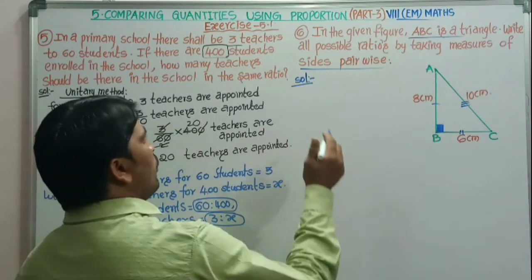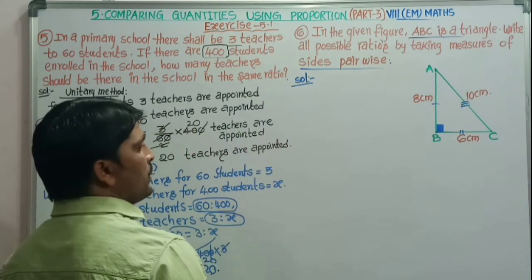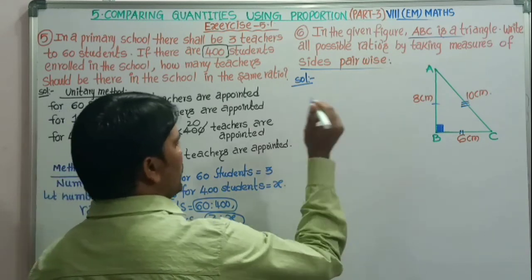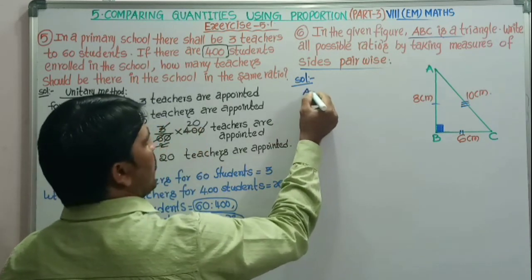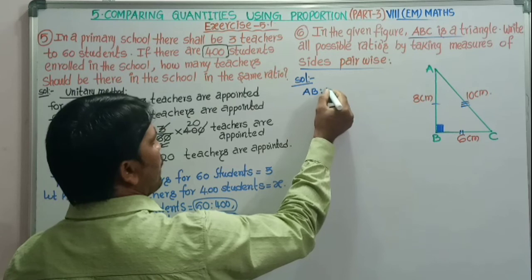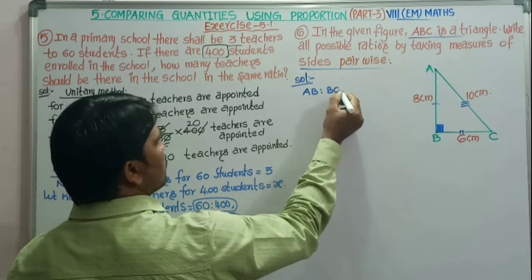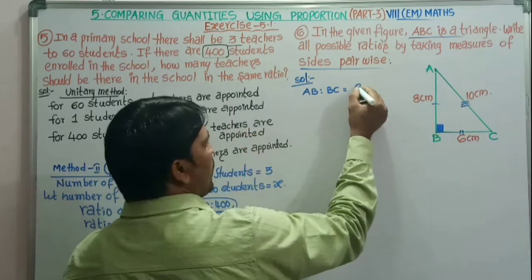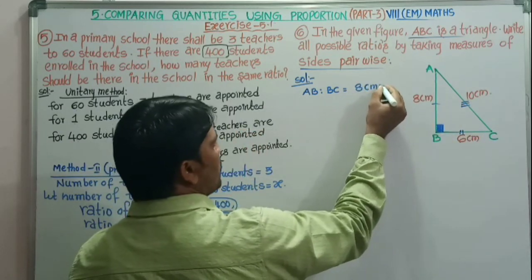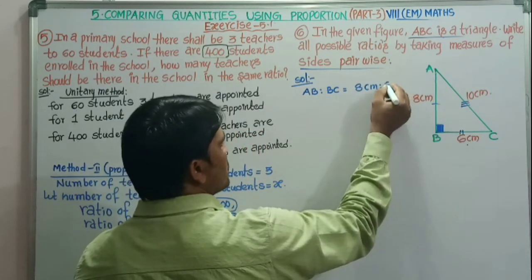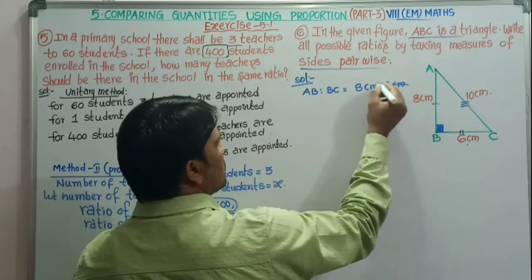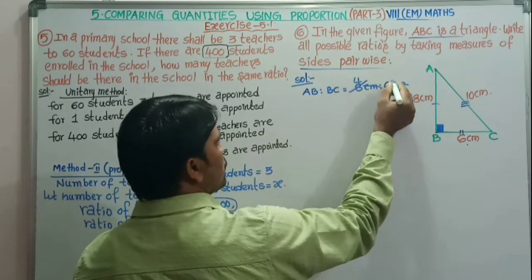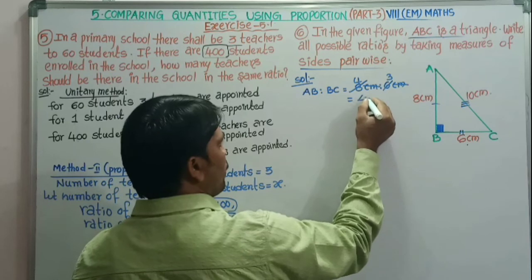And we have to find all possible ratios of measures of sides pairwise. Consider the ratio of side AB to BC. AB length is 8 cm to BC length is 6 cm. Centimeter, centimeter, 2 fours, 2 threes, which is equal to 4:3.